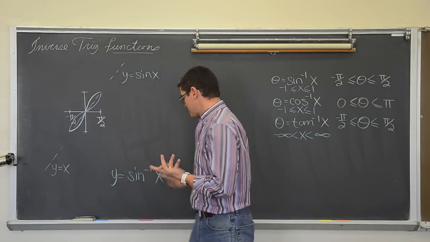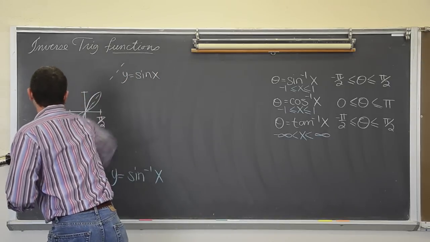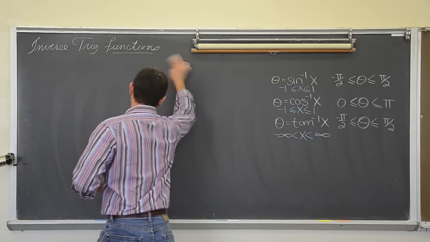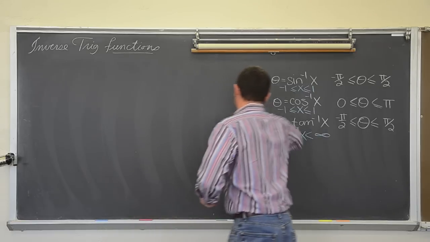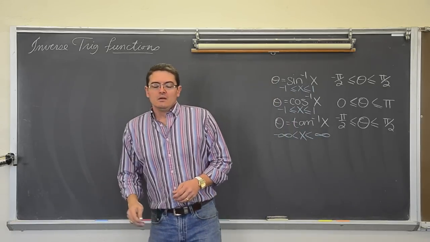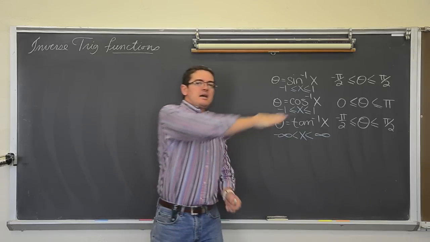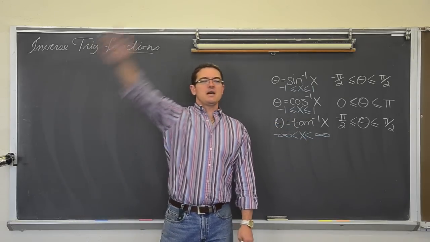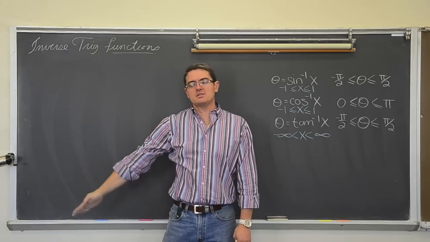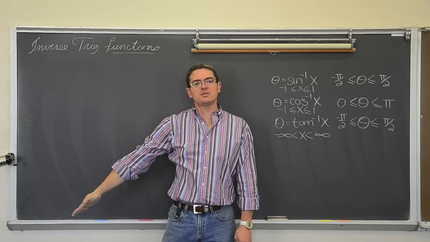So let's say, again with your calculator idea and the unit circle, you say, well, what is the sine of 225 degrees? The sine of 225 degrees is going to be negative square root of 2 over 2.